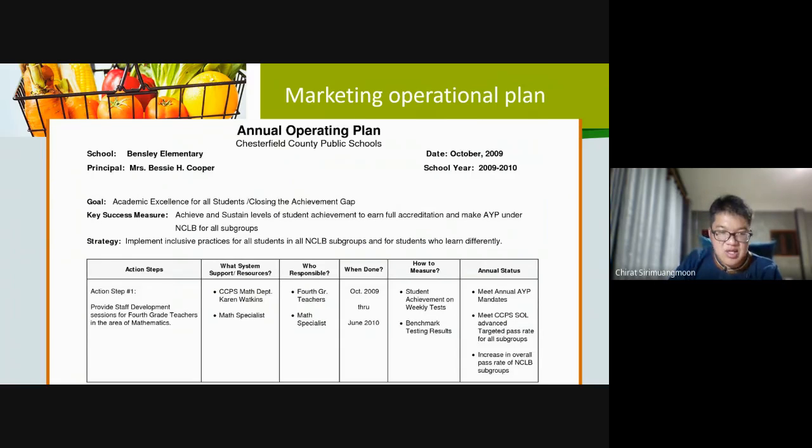So in this case, we include the steps. We include the system support or resources. You need to identify what resources are going to be used, who is responsible, or who is in charge here. Then you need to set the timeline or time frame, how you measure the results, and then the status in each year or each month that you set. So this is one of the examples.